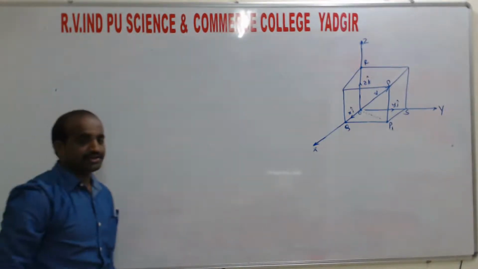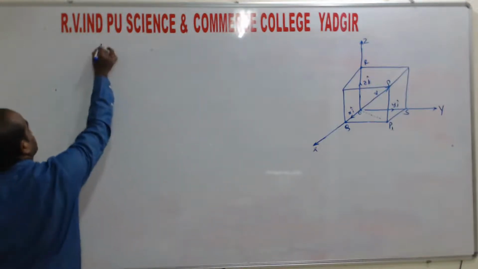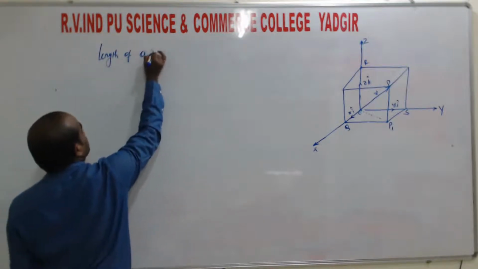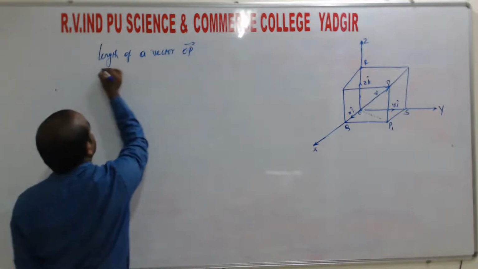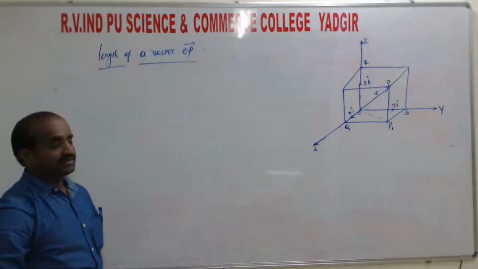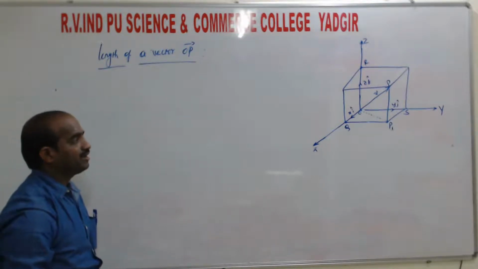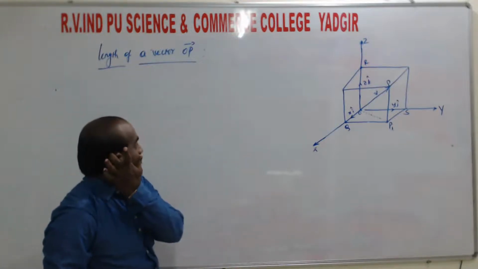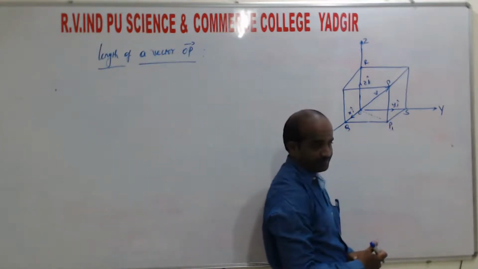Next, we find the magnitude of OP, the length of the OP vector. Consider the right angle triangle OPP1.